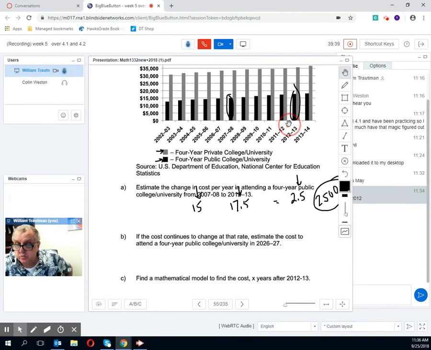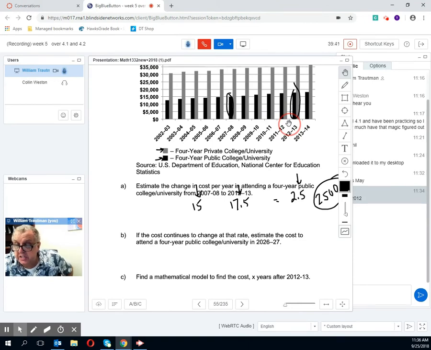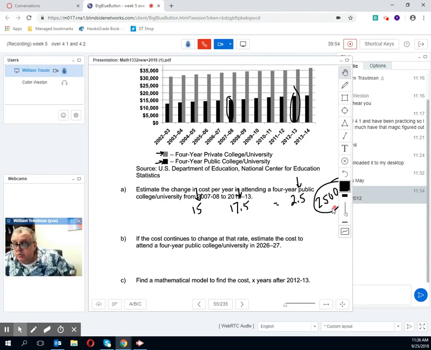I'm sure there's more, if the cost continues to change at this rate. So this is 2,500. It increased in how many years? Think about it. 1, 2, 3, 4, 5. So it increased 2,500 in 5 years.